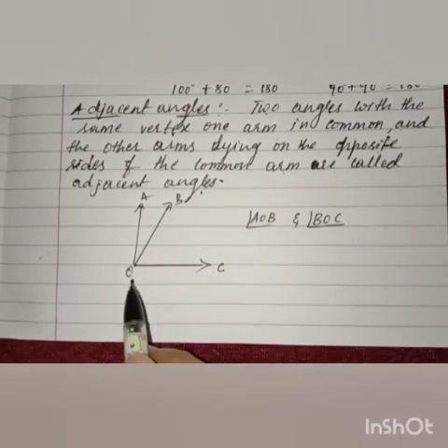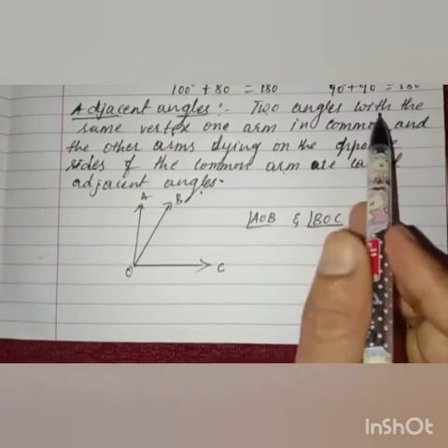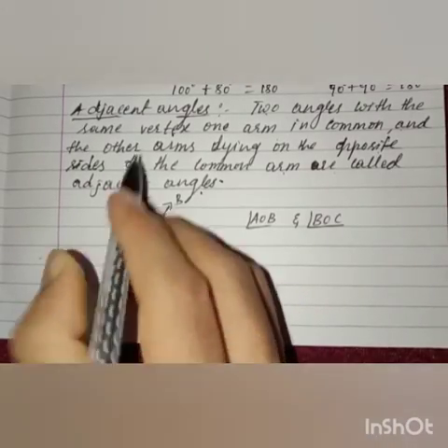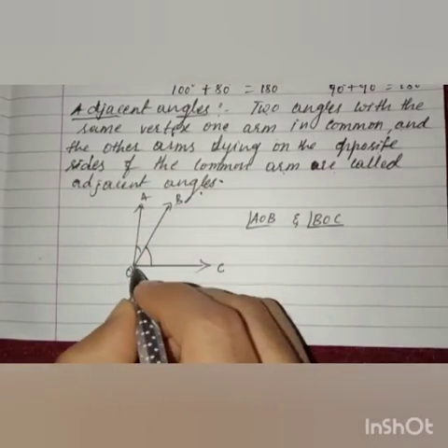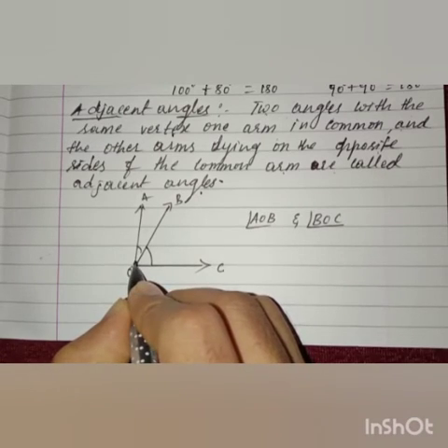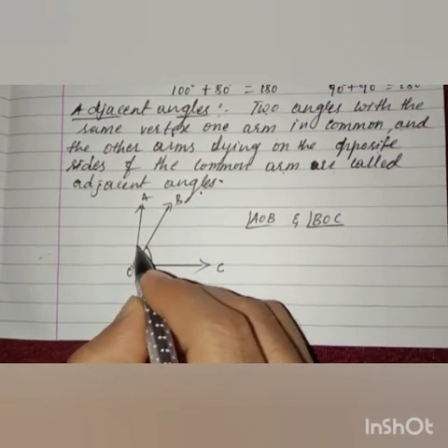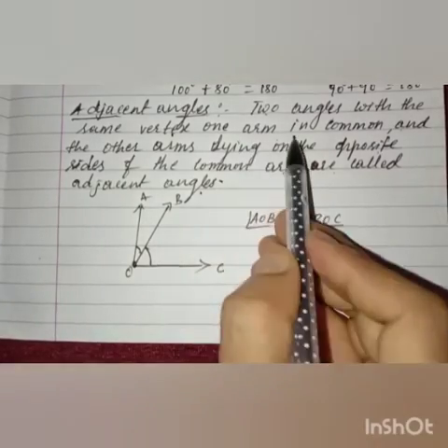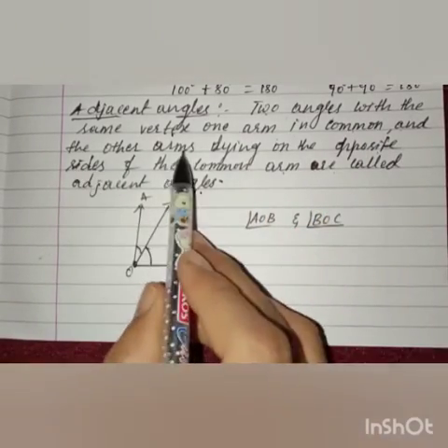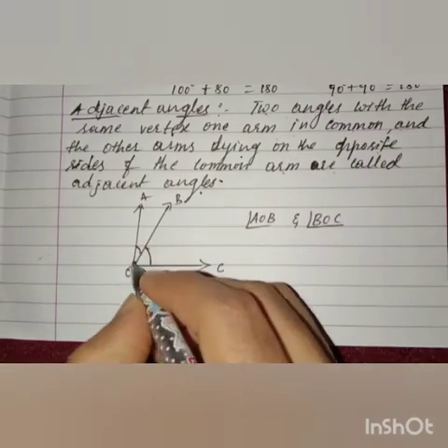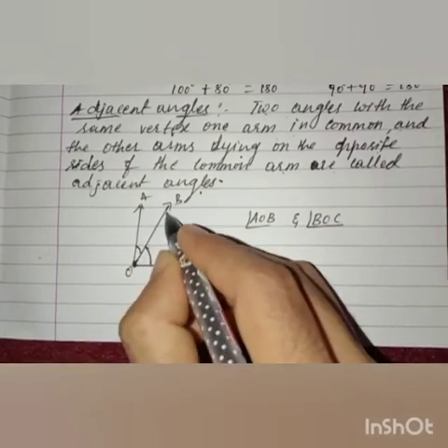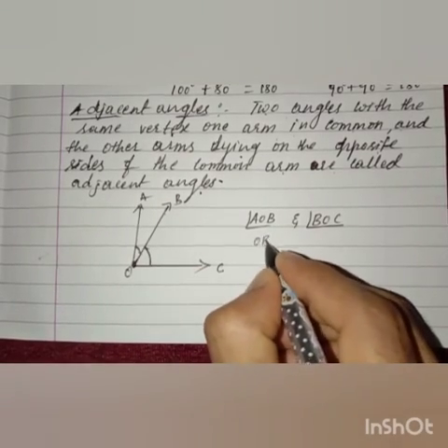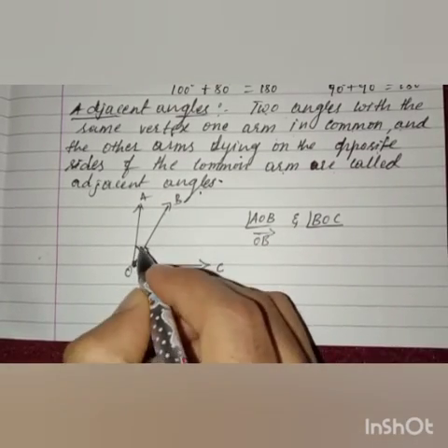Look at the figure here. We have two angles with the same vertex, which is the common vertex O, right? Both angles have a common vertex, and one arm is common, and the other arms are lying on the opposite sides. OB is the common arm for both angles.